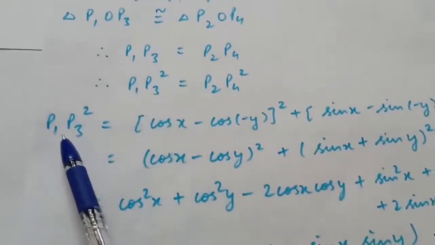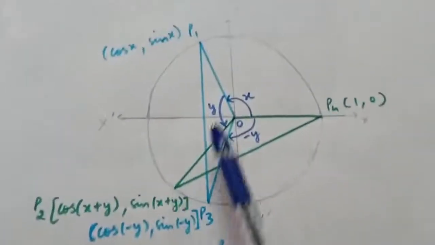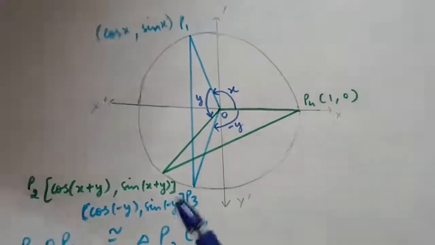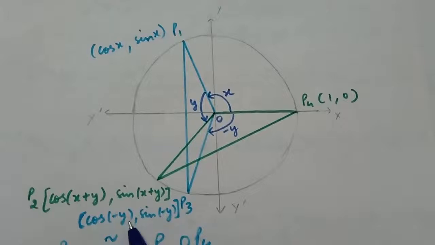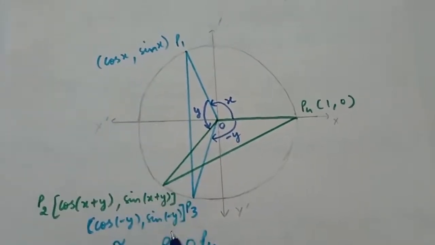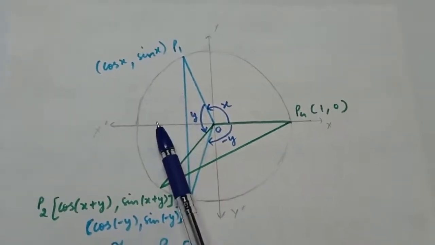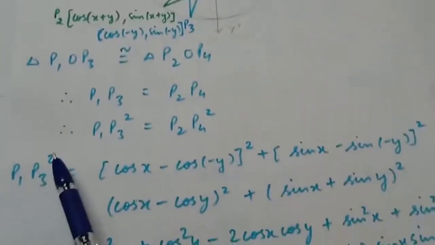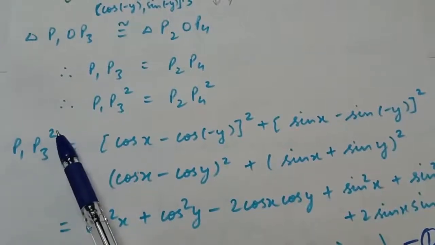Now we will find the distance P1 P3 square. So see, this is P1, this is P3. So the distance P1 P3 will be root of (cos(minus y) minus cos x) whole square plus (sin(minus y) minus sin x) whole square, right? So P1 P3 square will be, then the root will not be there because we are taking the square of the distance.